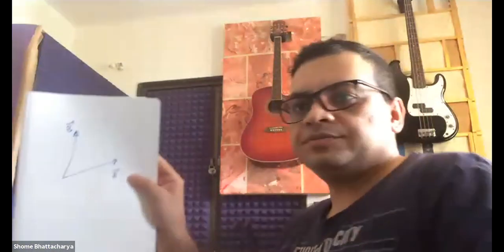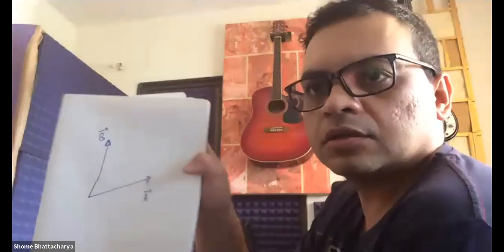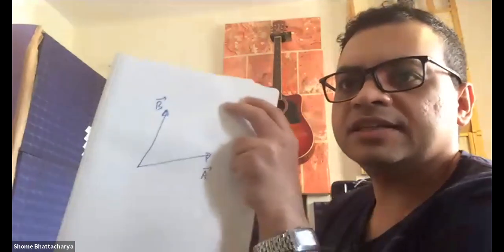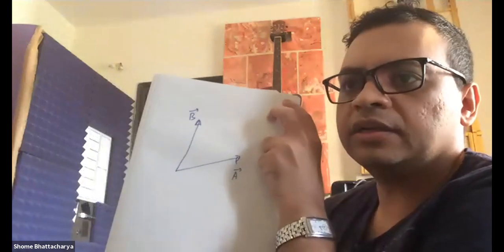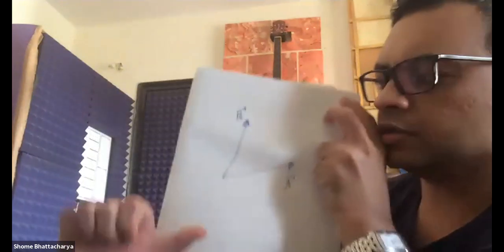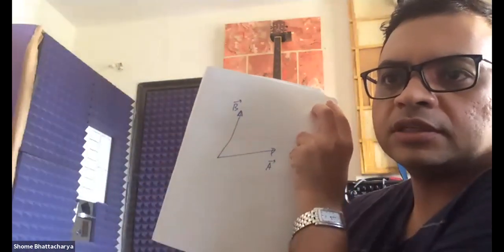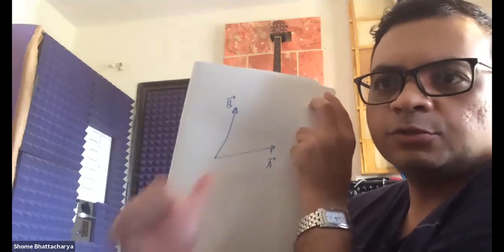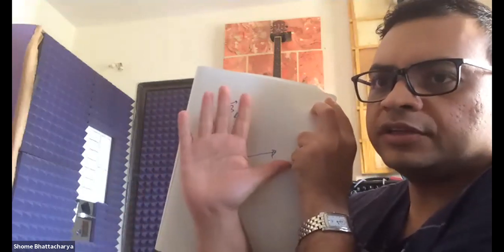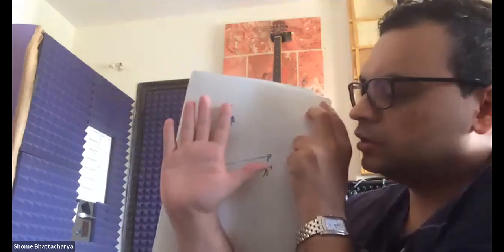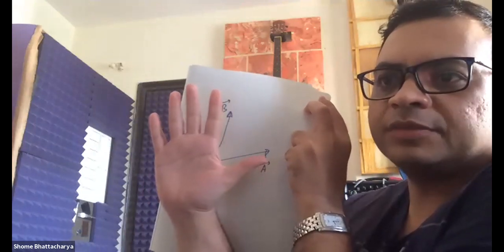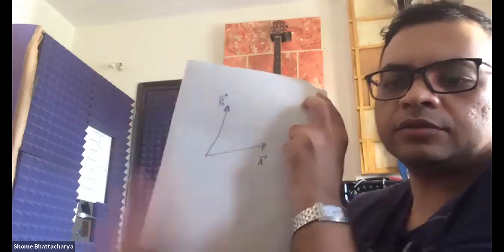So see here. If you are having two vectors A and B like this, then how will we determine the direction of the cross product? You point your thumb along the vector A because I'm doing A cross B, and your fingers along the vector B. So where your palm is pointing now, it is pointing outwards. Your palm is facing outwards. So in this case what will be the direction of A cross B? Coming out of the plane.